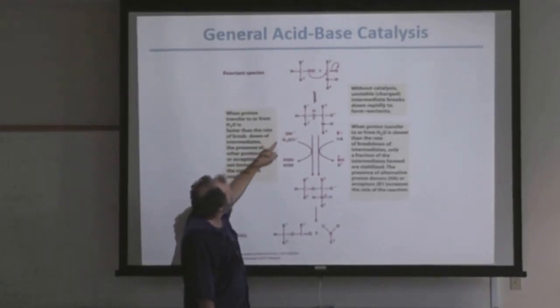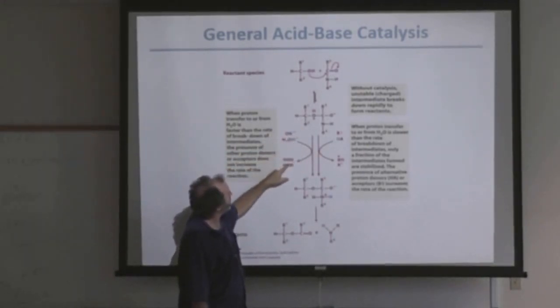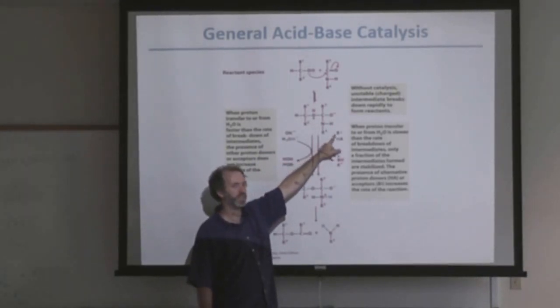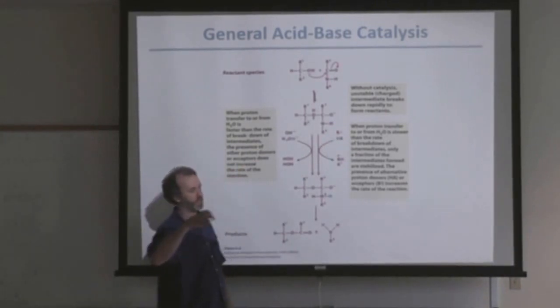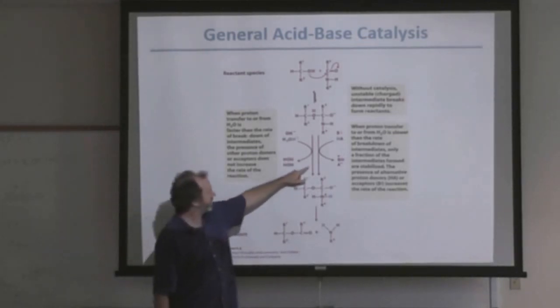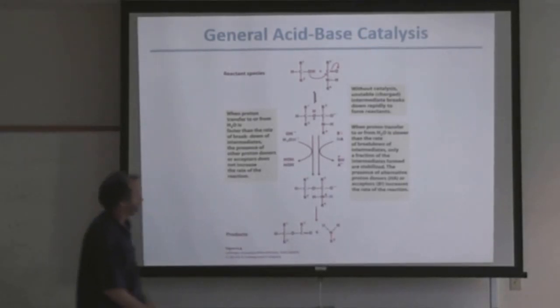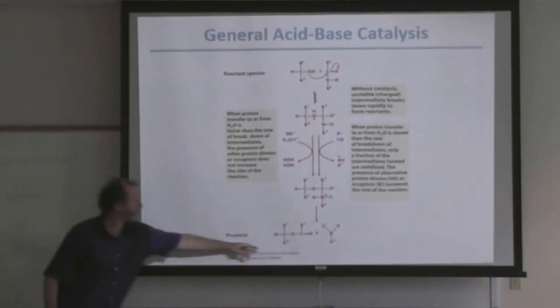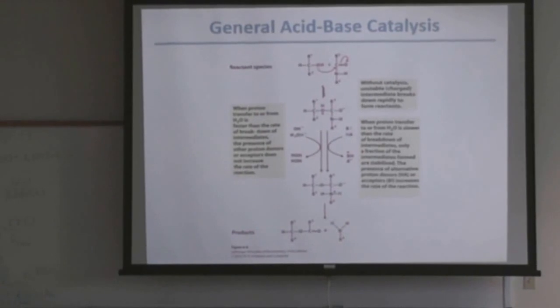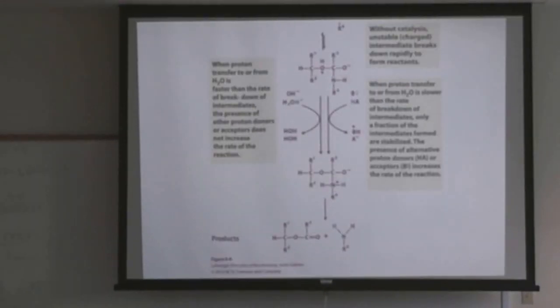The proton is going to go to water this way, or to a base. A lot of times when you see the enzyme mechanisms written, a B stands for a base on the enzyme itself that can accept or donate hydrogens. Then the reaction continues, and you get the products down here. We're going to specifically look at serine proteases in a second.